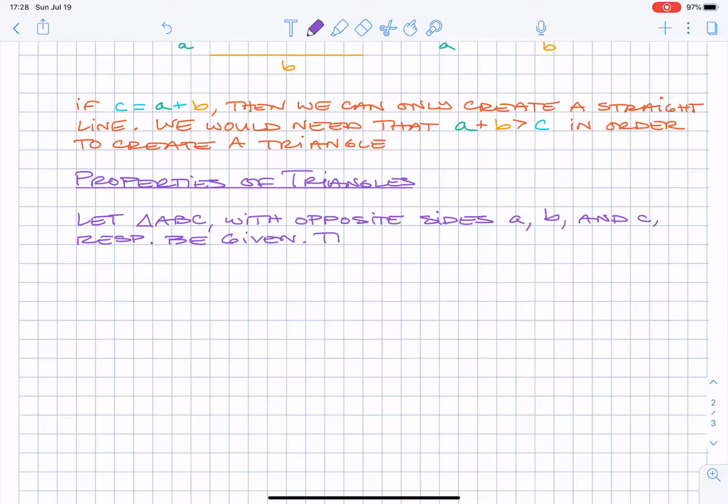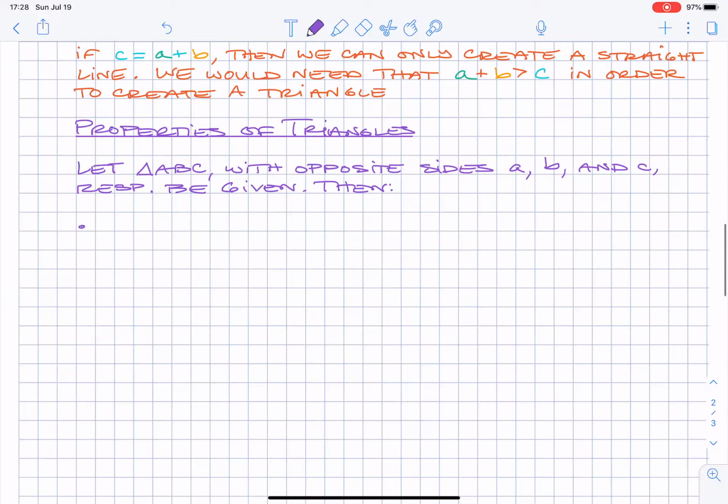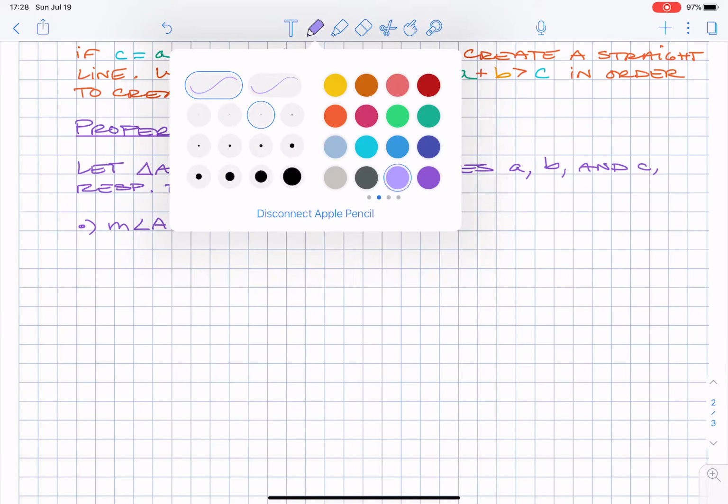Then we have the following. We have that the measure of angle A plus the measure of angle B plus the measure of angle C. So if I add up all the angles in a triangle, we know that we get 180 degrees, right? That's one of the properties of a triangle.